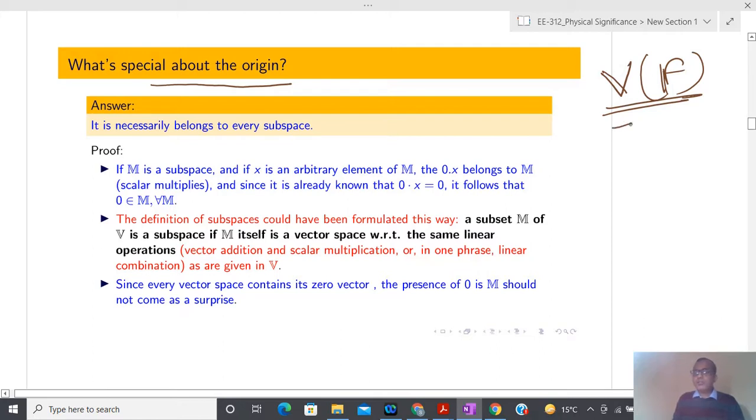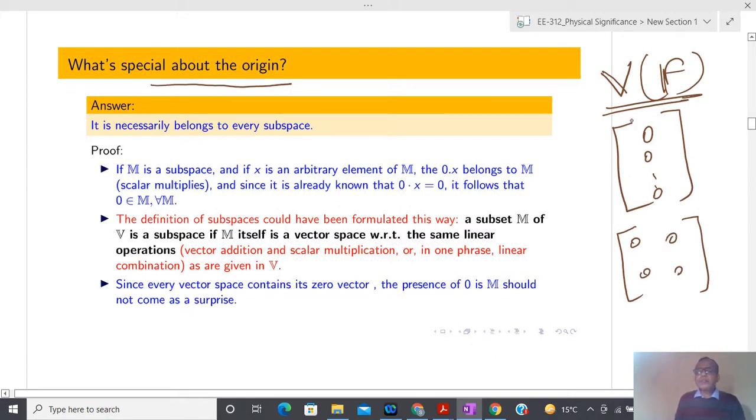Because if you are just talking about column vectors, at that time my origin is represented like this, and if you change the space, suppose I have matrices, at that time I have to define the origin in a different way, similarly for functions.